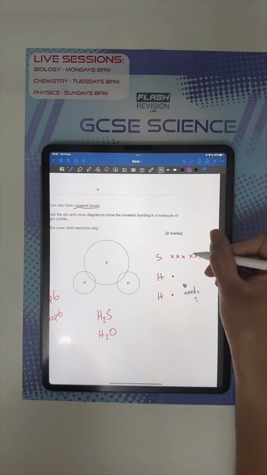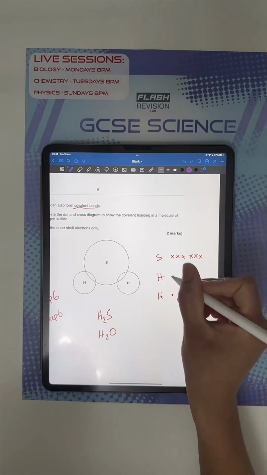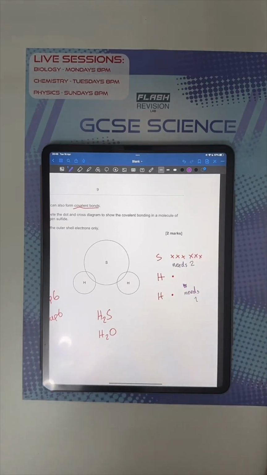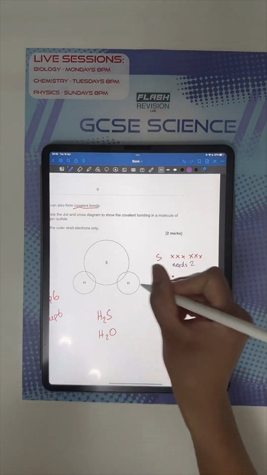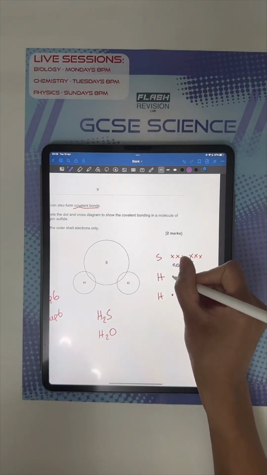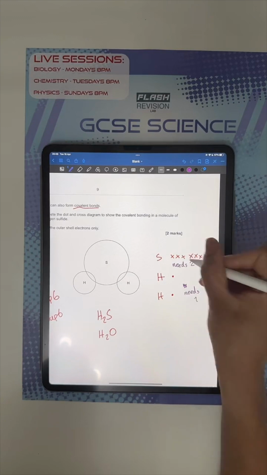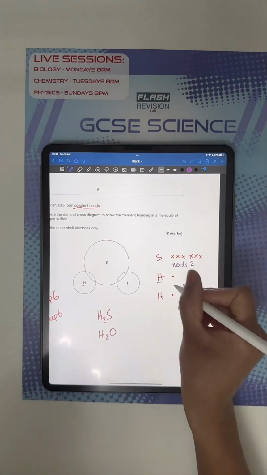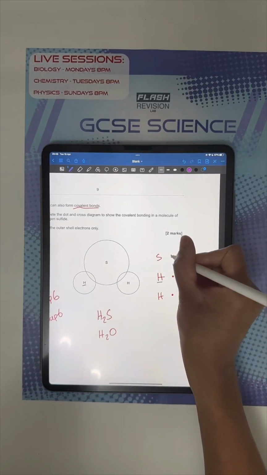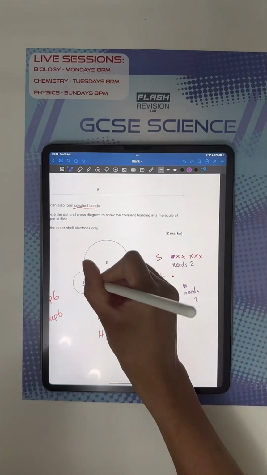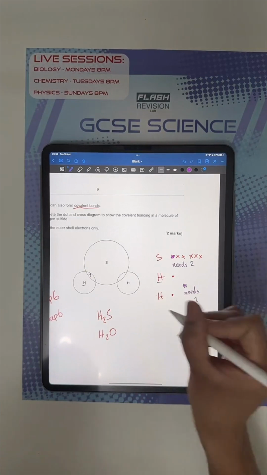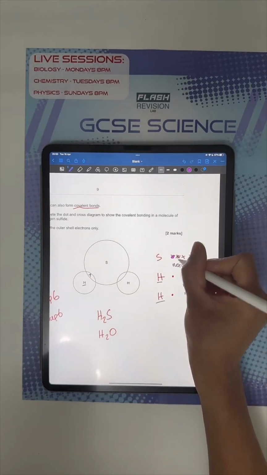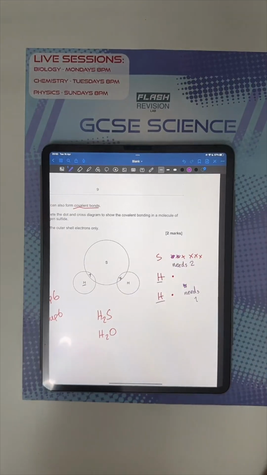Exactly 2. To get 8, it needs to get 8 in its outer shell. It needs 2. So hydrogen, to get its extra 1, what it's going to do, it's going to borrow 1 from sulfur. So let's say this hydrogen is this one. It's going to borrow 1 of these electrons. So let's take this cross and put it here. This hydrogen is going to borrow another 1 from sulfur. I'm going to put that in the middle as well.